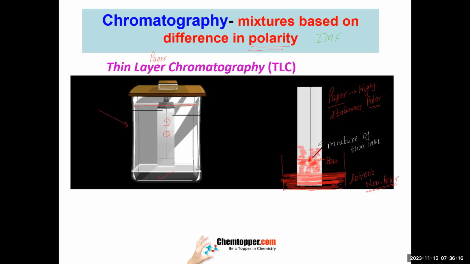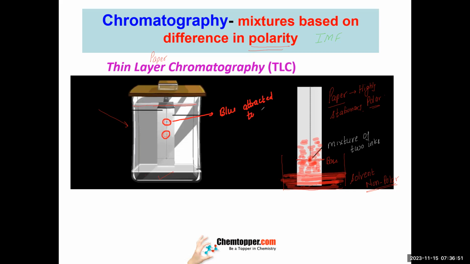Now, depending upon the type of IMF, of these two inks, which one has stronger IMF with paper and which one with stronger IMF with solvent? This blue color is moving faster. You can see it's going up faster, moving faster with the solvent. So it is more attracted to the solvent.